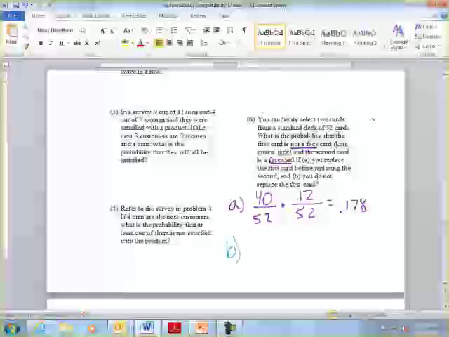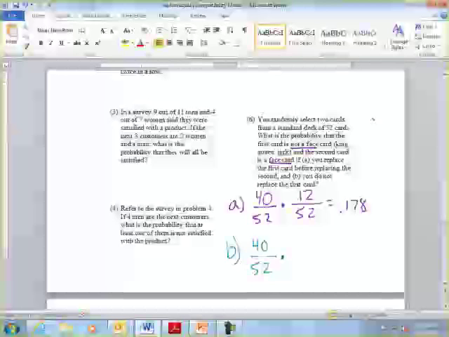Part B now says you do not replace the first card. Our first draw is exactly the same. We want a not face card out of the whole deck. Now we need to assume that we were successful in that first draw. So we have to assume that when we pulled out a card the first time that it was in fact not a face card.